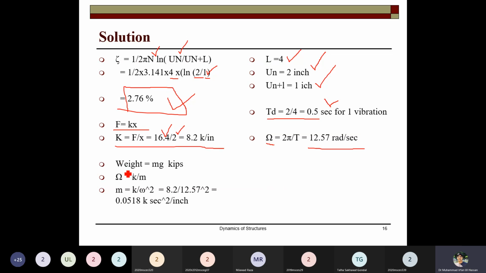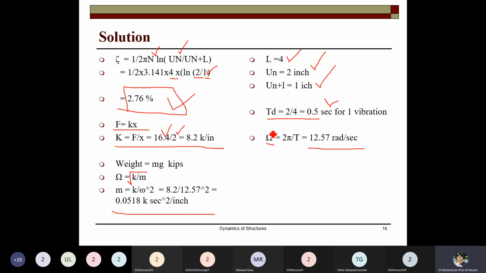Now you know that weight is equal to mg and omega is equal to the square root of k over m, so you can determine k over m under root. We can determine k equals m omega square, and the mass of the system is k over omega square, 0.0518 kip second square per inch.